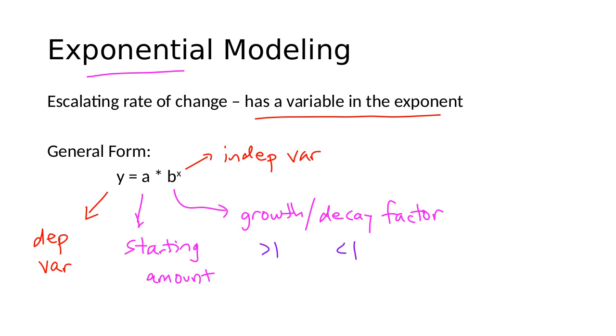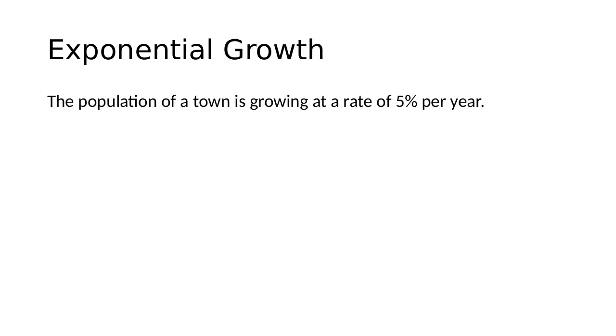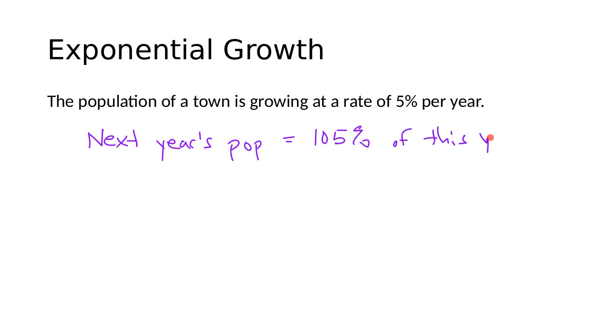Let's take a look at how we build an exponential model. The population of a town is growing at a rate of 5% per year. So what that tells me is that next year's population is going to be 105% of this year's population.